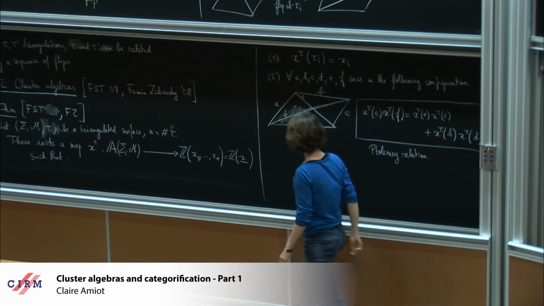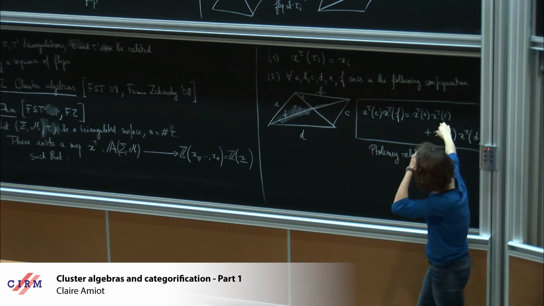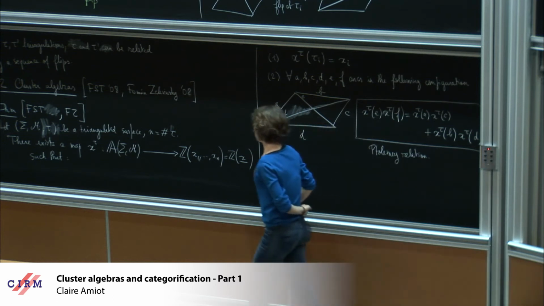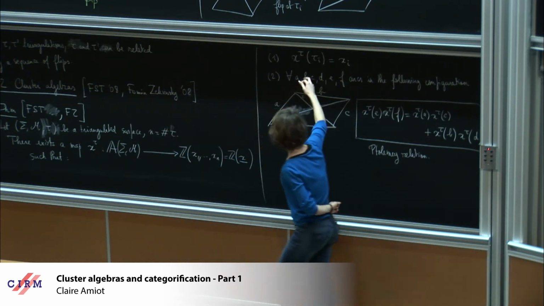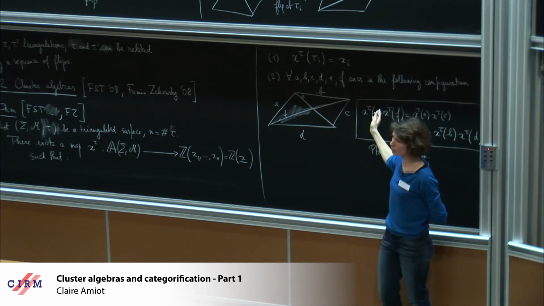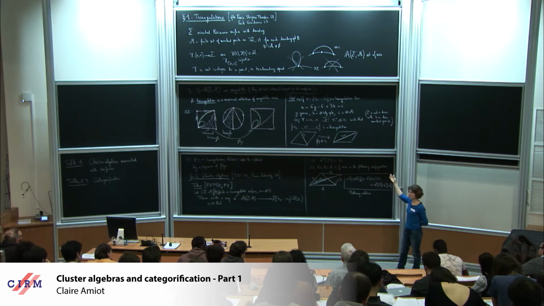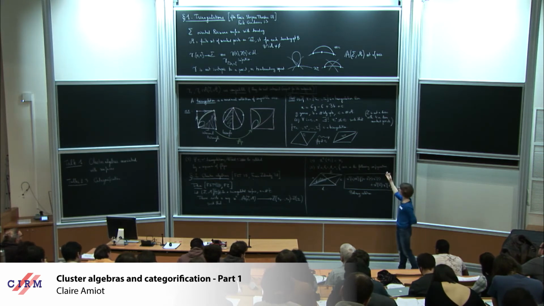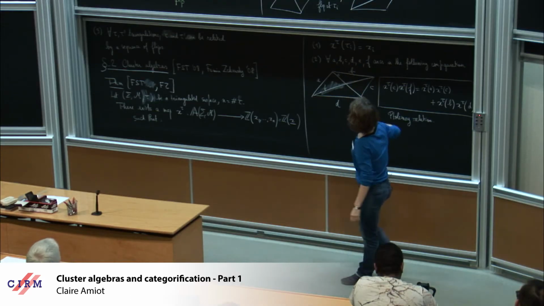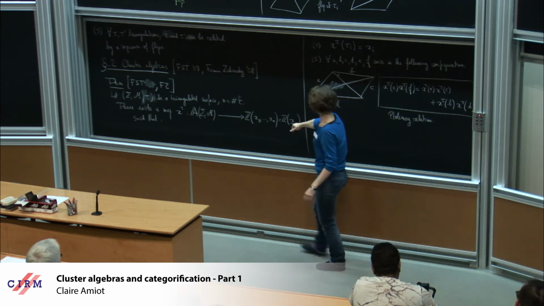If you combine this result with the previous one, you can easily describe this map starting from the initial triangulation, and then you apply flips. Any arc can be completed into a triangulation, so you take any other arc, put it in a triangulation, there exists a sequence of flips, and you apply it and get the different values.